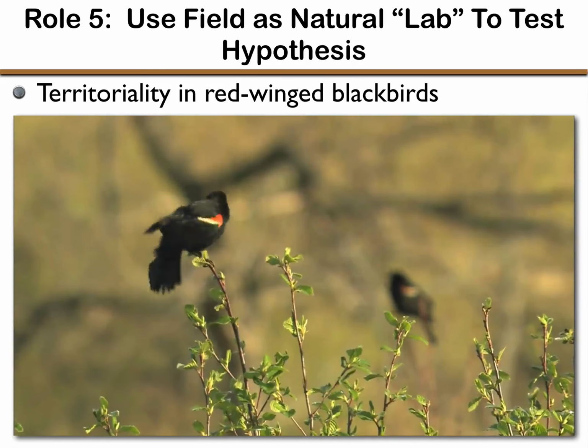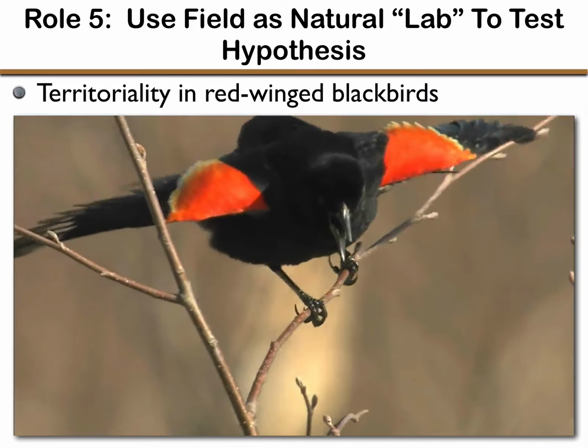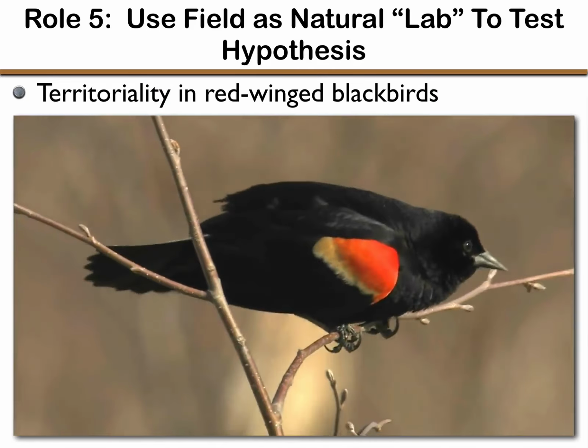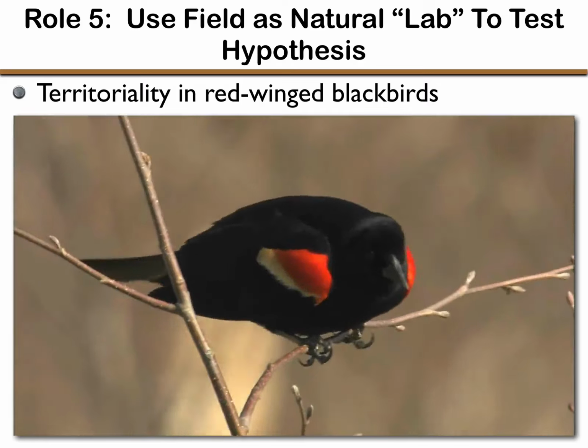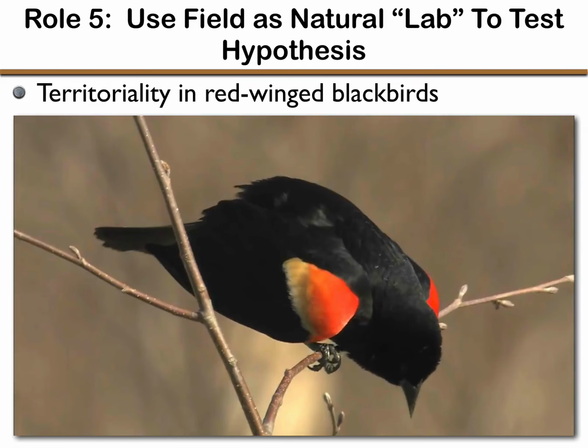But throughout the breeding season, red-winged blackbirds display in full glory. A loud, colorful announcement to keep off their turf. So notice there's actually two main components to this territorial display. The vocalization, obviously, but also the raising of these red epaulets.